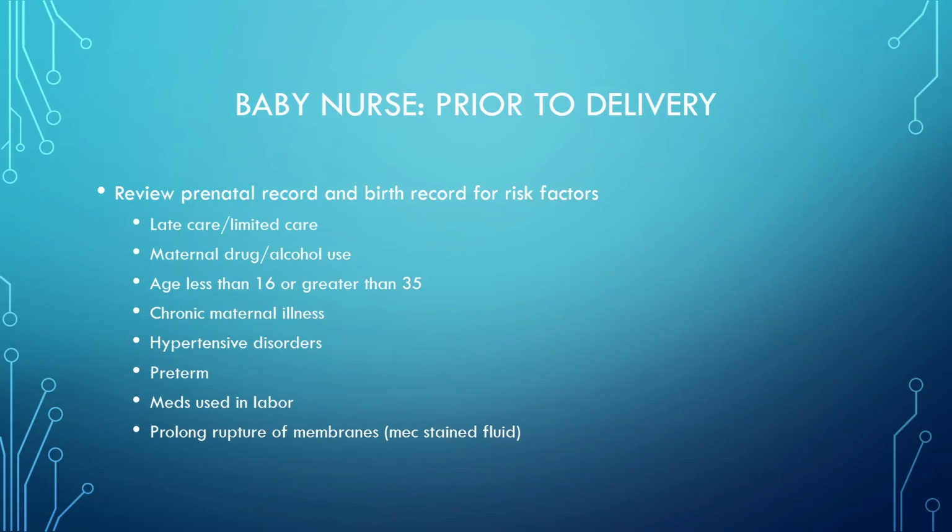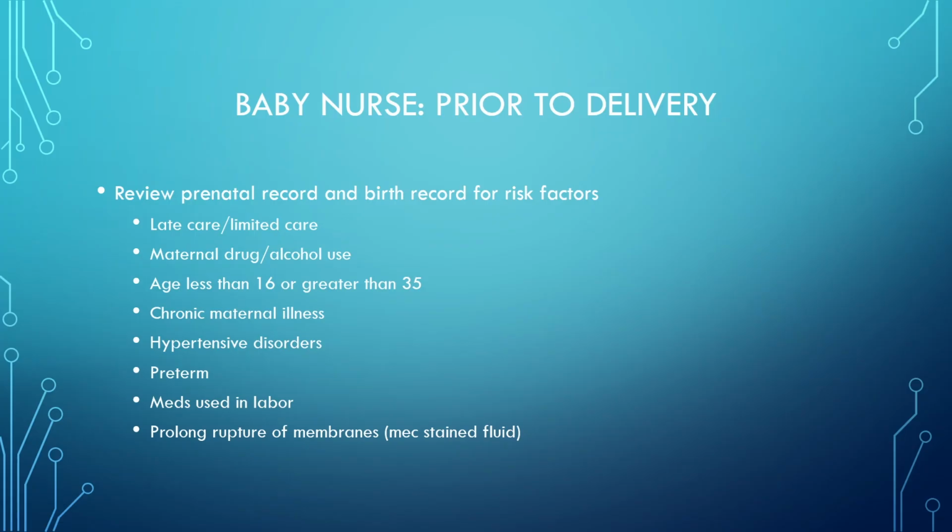So when you get called to go for the delivery of an infant, ideally you want to get there with a few minutes to spare so that you can review the prenatal record, also the birth record or how the delivery is going, and you can identify any risk factors. So some risk factors that could affect how this baby is going to come out or transition to extrauterine life include late prenatal care, limited care, or no prenatal care at all.